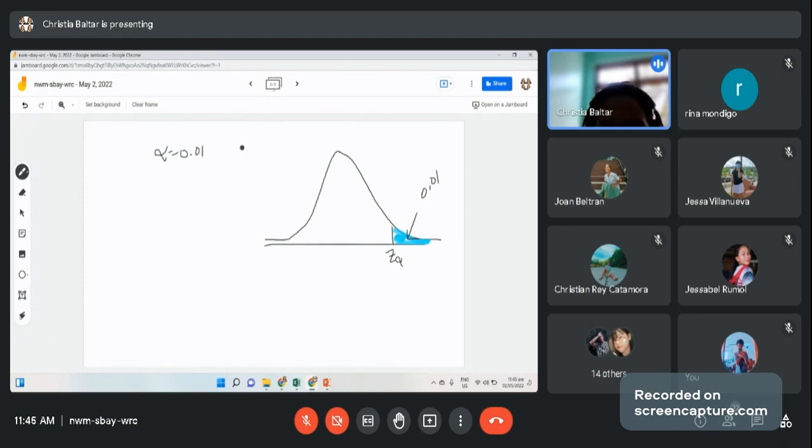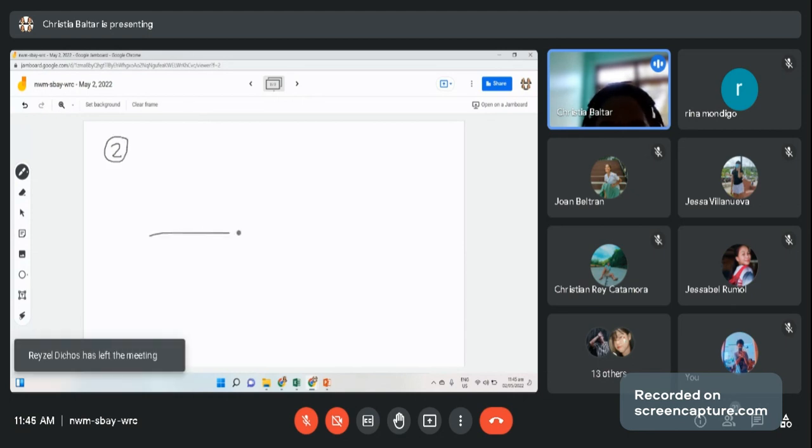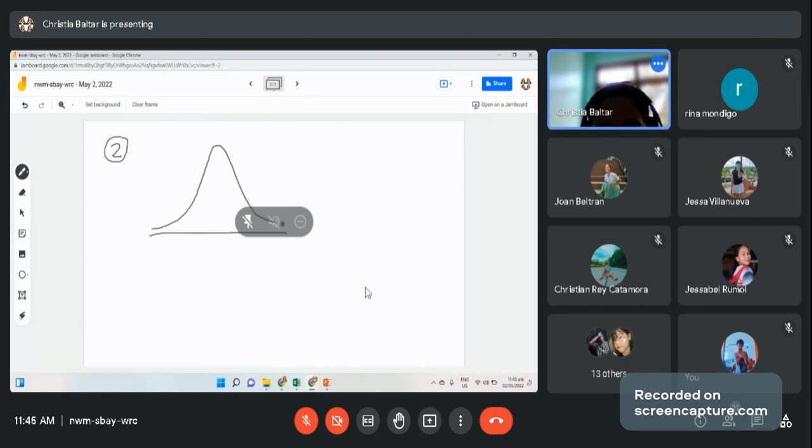I'll number this number one. For number two, I'll have another situation, so another normal curve. And then I will have a lower tail test.